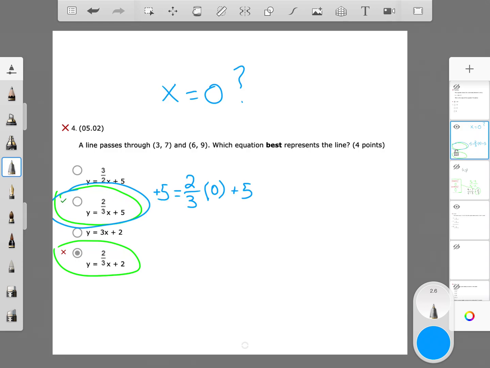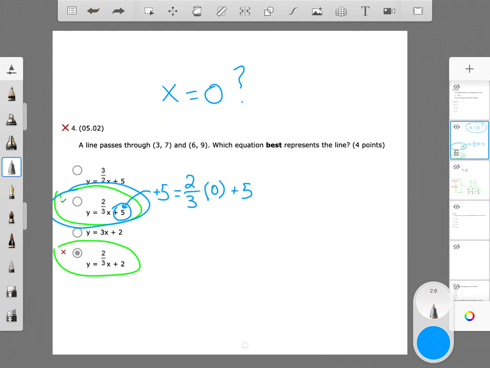Because 2/3 times 0 is 0. 0 plus 5 is 5. Okay? We can see right there, that's the y-intercept. That's the answer to this question. When x is 0, what will y be? So we can guess about the same thing. There's the y-intercept for the other equation.